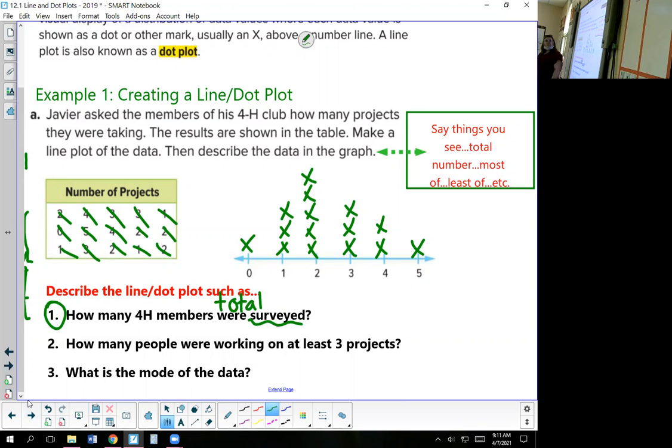How many were surveyed? So what did we do last time? Elena, how do we find how many kids were surveyed? Oh, yeah.